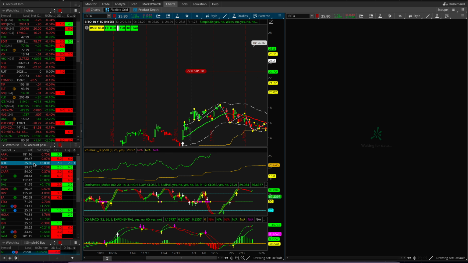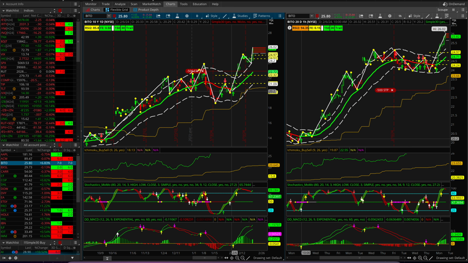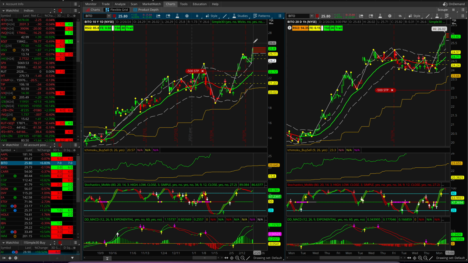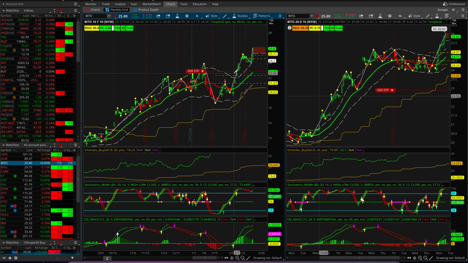Like if you look at Bitcoin, it gave us this trade signal here, and then it just took right off. This is what we really want to see, but you don't always obviously get what you want. You just take what you get.